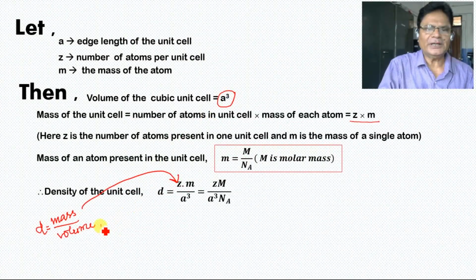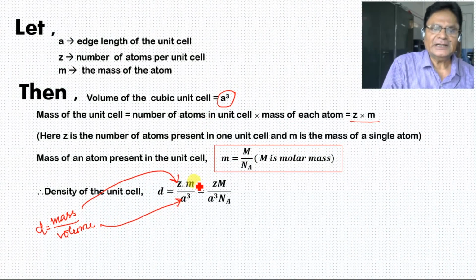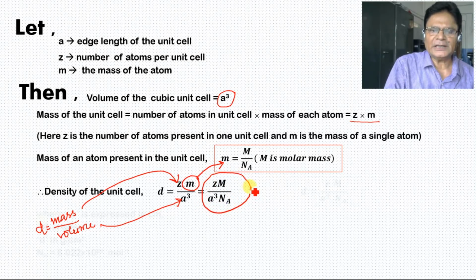Now we have just discussed that the mass of one atom present in the unit cell is equal to molar mass of the element upon Avogadro's number. So we can put the value of small m as capital M over Na, Avogadro's number. So this is the basic formula we are going to use for calculation.